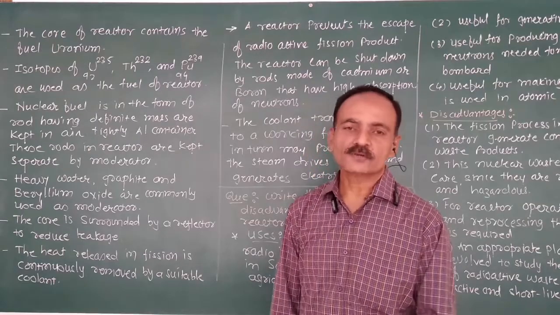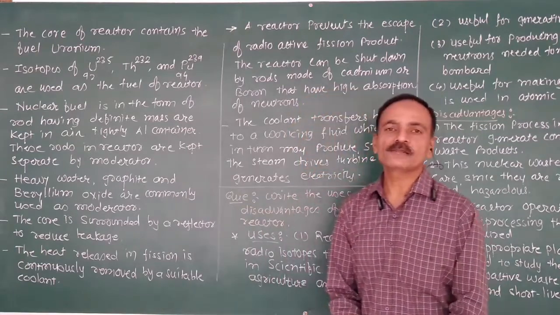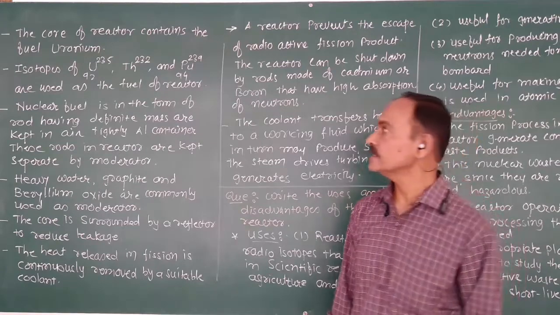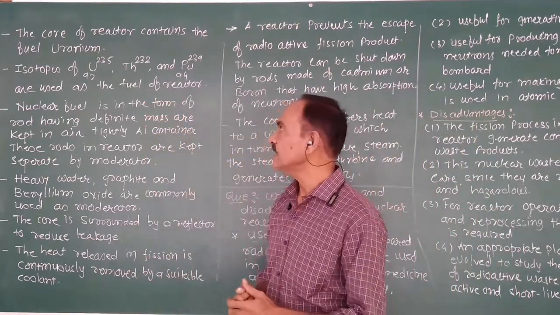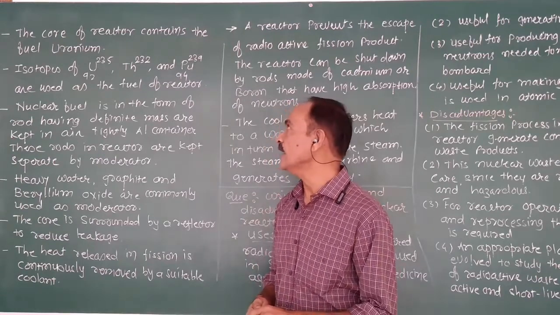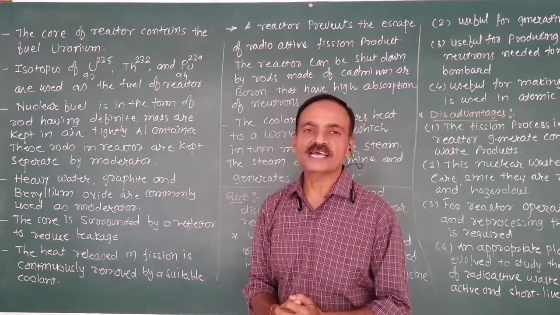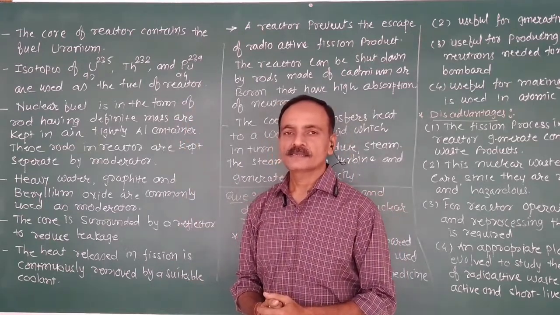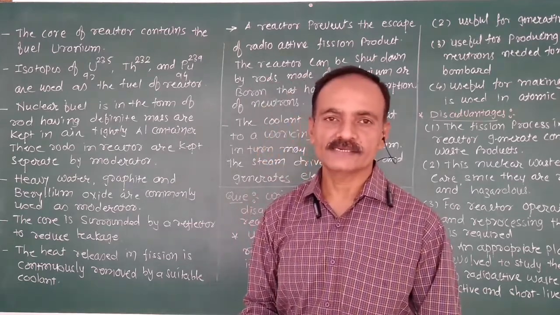Now, what is the construction of the nuclear reactor? The core of the reactor contains the fuel uranium. As a fuel in a nuclear reactor, generally the isotopes of uranium-92-235, thorium-232 and plutonium-94-239 are used as a fuel of the reactor. Let us discuss the construction of the nuclear reactor.